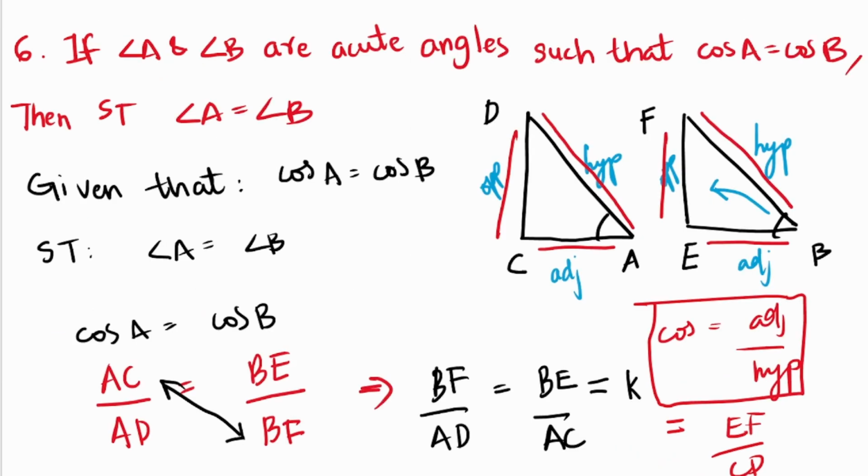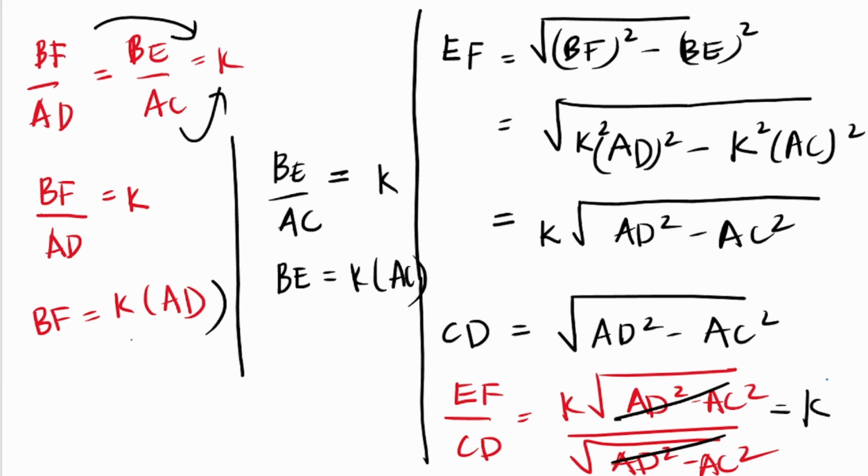If you consider this as equation number 1 and this as equation number 2, we can write from 1 and 2.